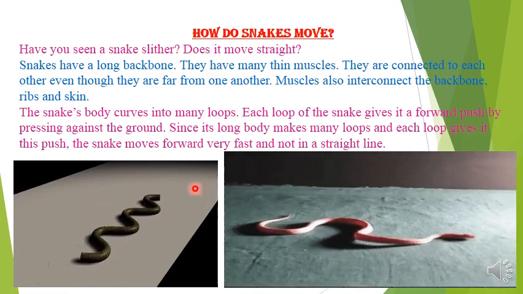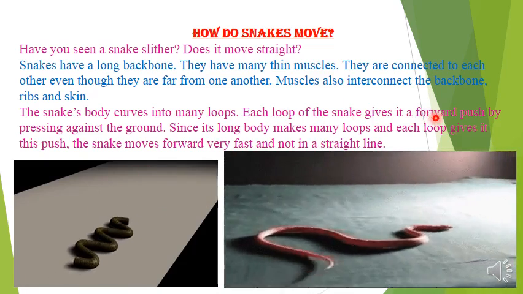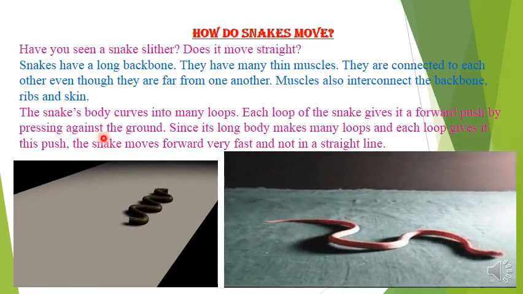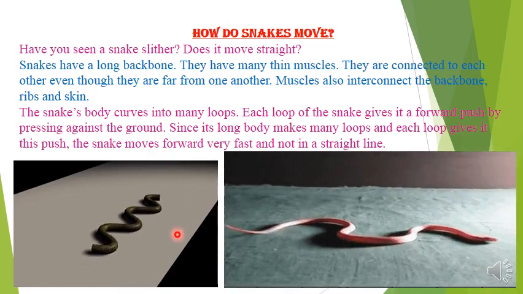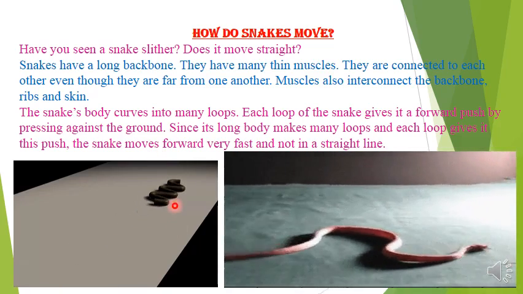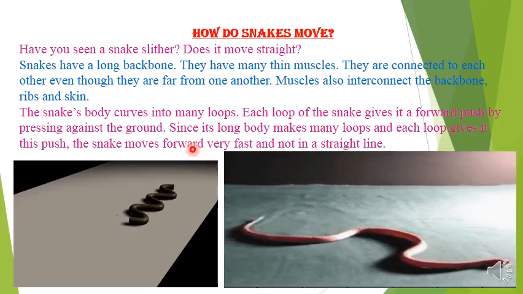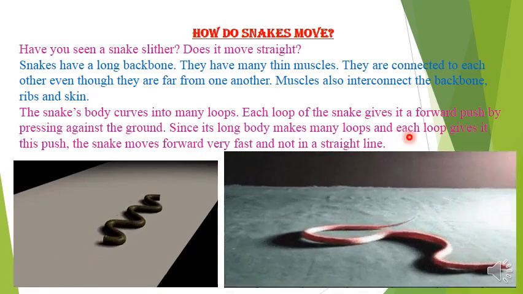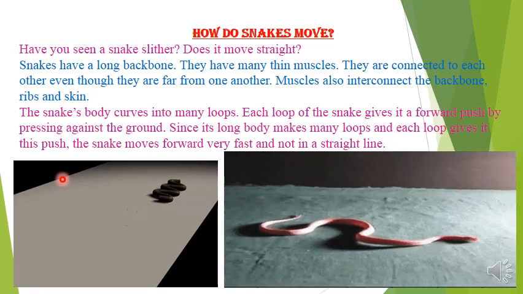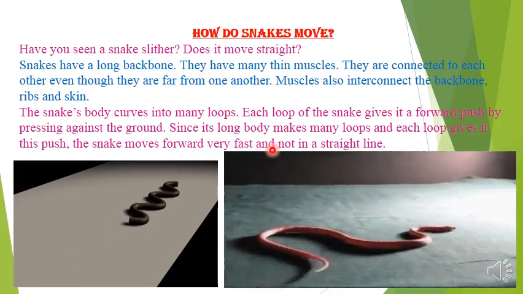Each loop of the snake gives it a forward push by pressing against the ground. It makes a loop and pushes the ground so that it can move forward. Since its long body makes many loops and each loop gives a push, the snake moves forward very fast and not in a straight line.